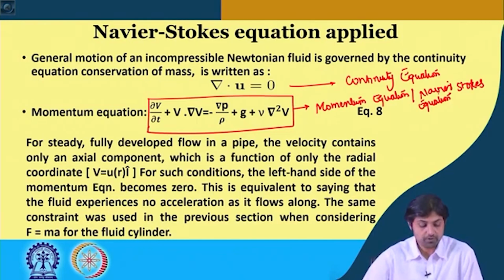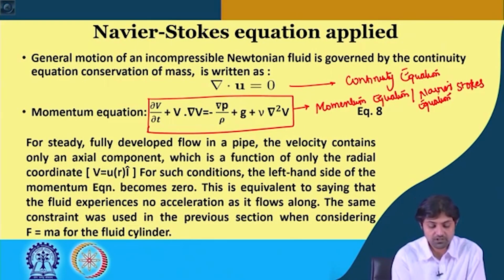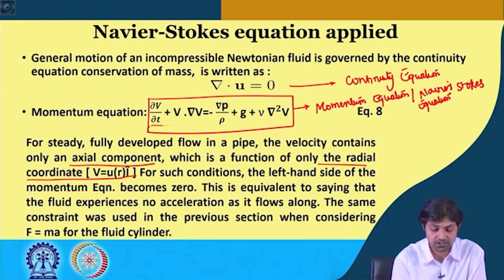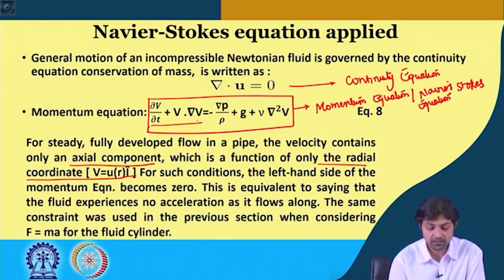So you should remember that for steady fully developed flow in the pipe, the velocity contains only an axial component, which is the function of only the radial coordinate r, that we have talked in the beginning of this chapter itself, right. So for such conditions, the left hand side of the momentum equation becomes 0 because it is steady, correct.